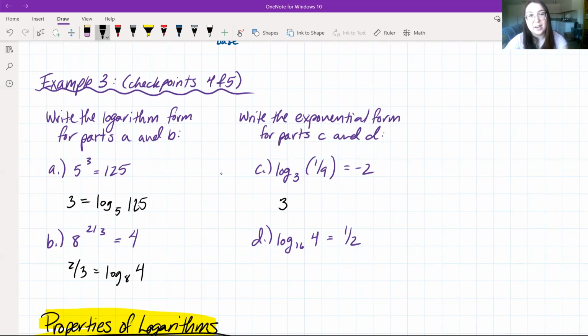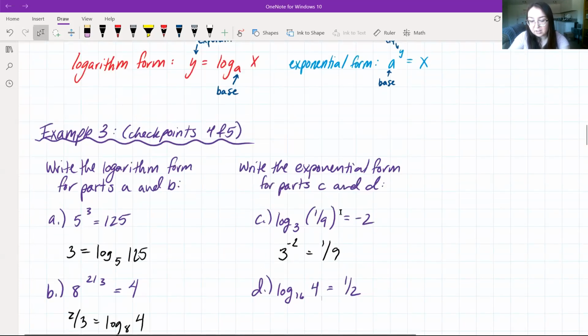We know y is our exponent, so we have that our logarithm is equal to -2. -2 would be our y, and x, in this case, is 1/9, and we know that is what our logarithm form shows here. So we had -2 as y, 3 as our base, and then our x, which is 1/9.